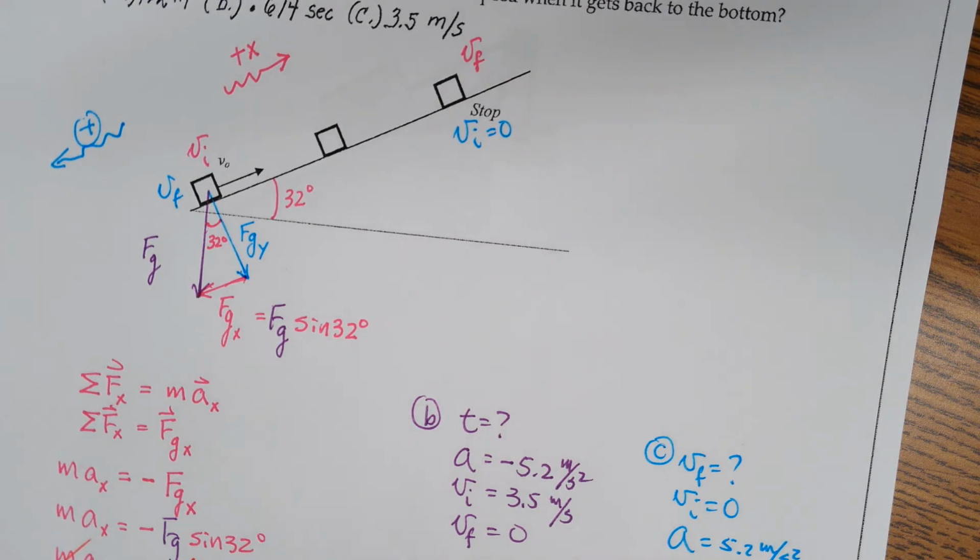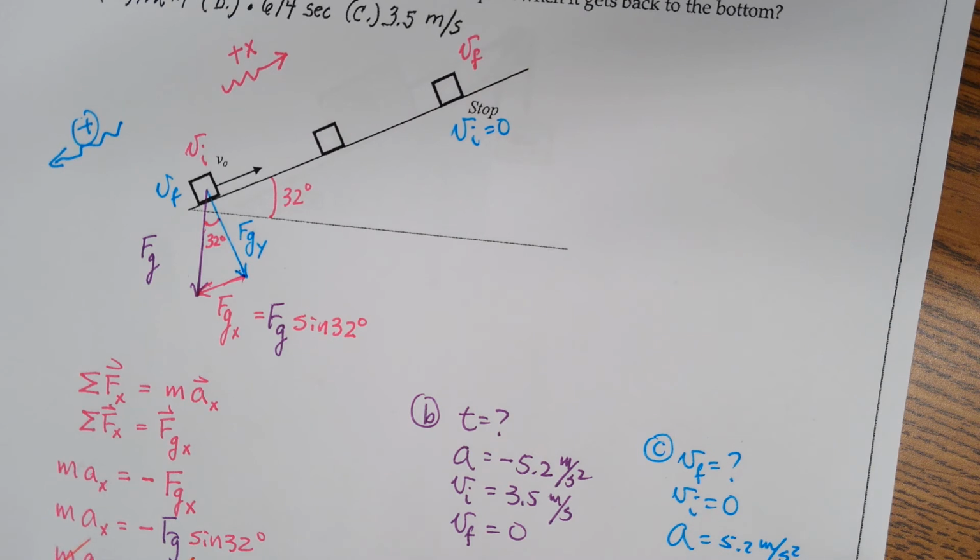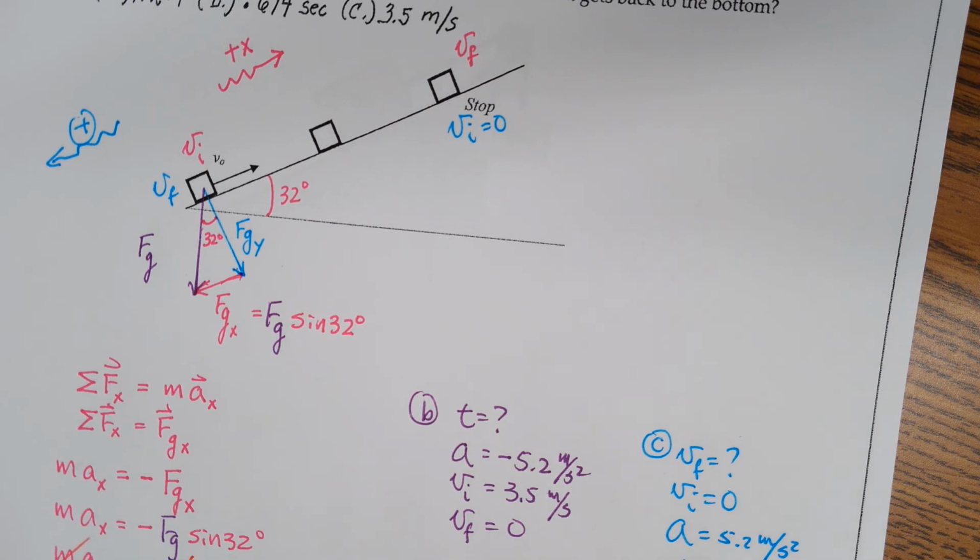I mean, there are plenty of other ways to do this, but you could have used equation 1 too. Okay. So if you use equation 3, Vf squared is equal to Vi squared plus 2a delta x.